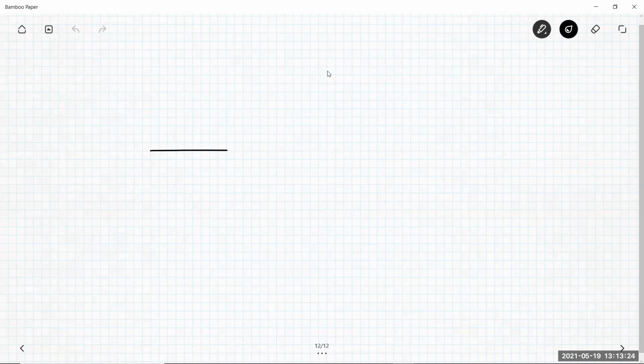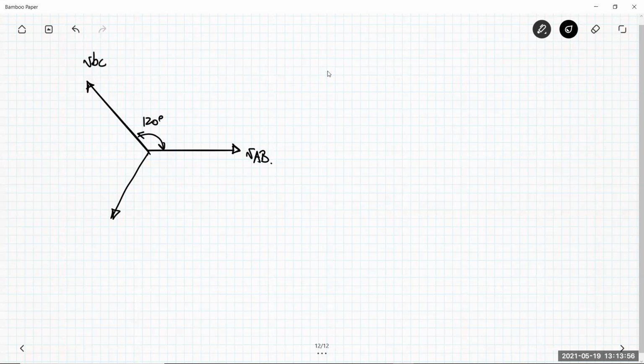Okay, so let's consider a plane in which I have three coordinate axes like this one that are separated by 120 degrees each from the others. Okay, this is representing the voltage VAB, so the line-to-line voltage between the leg A and B. This is representing VBC, and this is representing VCA.